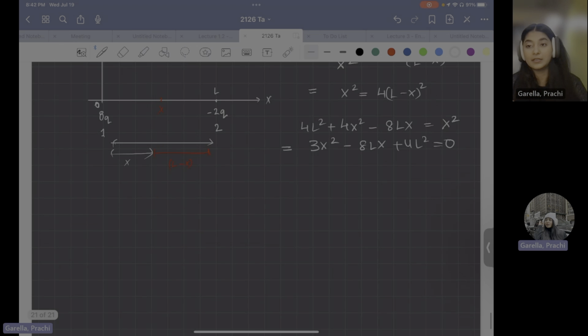Now you can find the solution using the quadratic formula, but if you look at this equation, this looks a little easier than that.